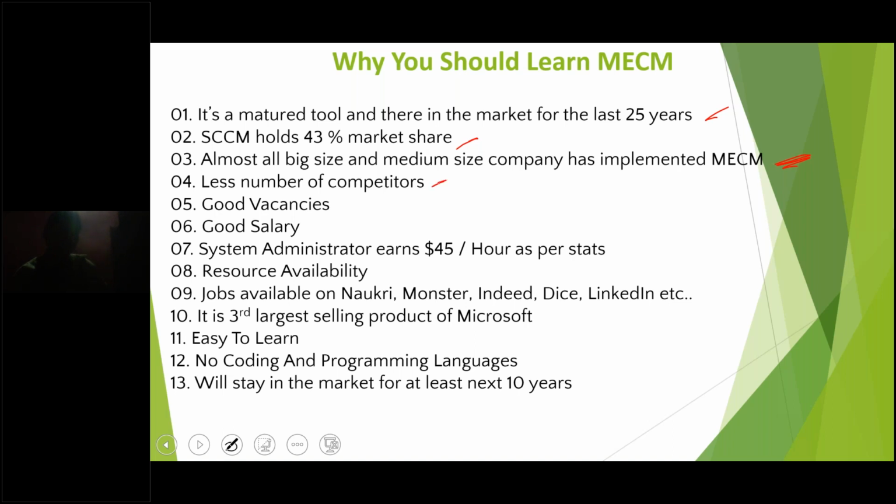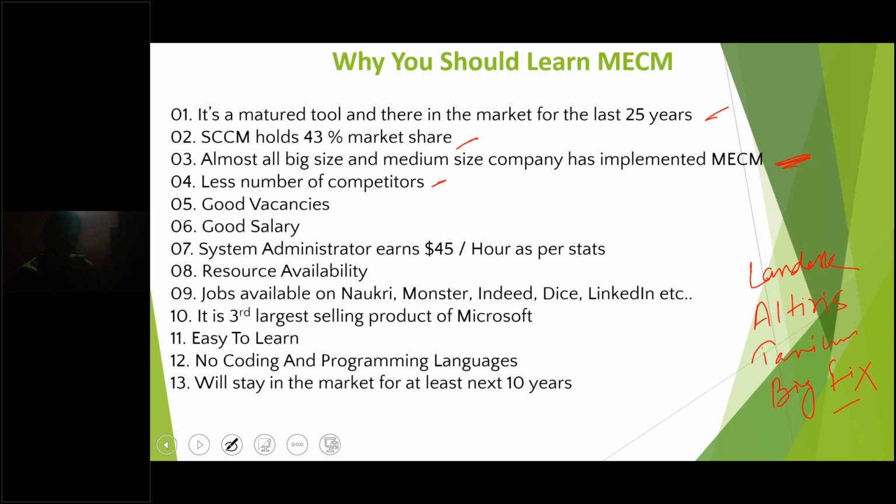So SCCM also has competitors, but a very small number of competitors. SCCM competitors are Landesk, Altiris, Tanium, BigFix.